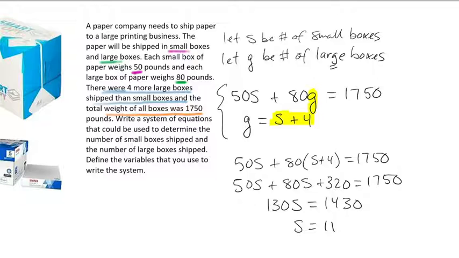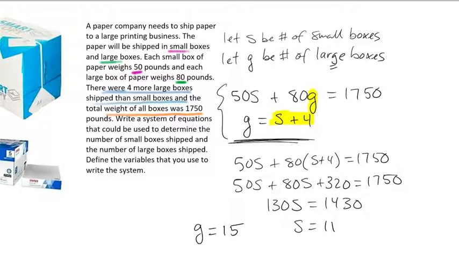Now, if the number of small boxes is 11 and G, the number of large boxes, is 4 more than that, I know that the number of large boxes is 11 plus 4, which is 15. So both conditions are met. The number of large boxes is 4 more than the number of small boxes.